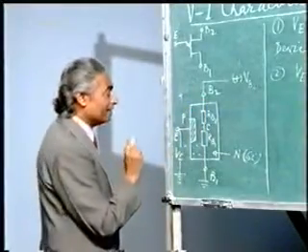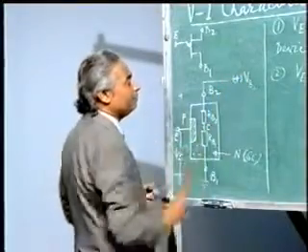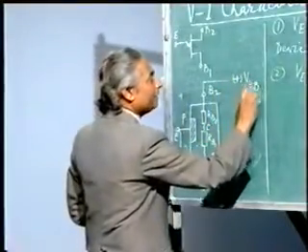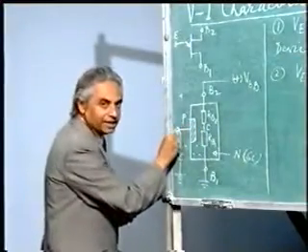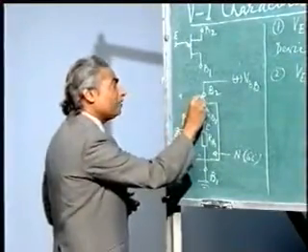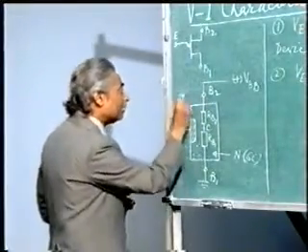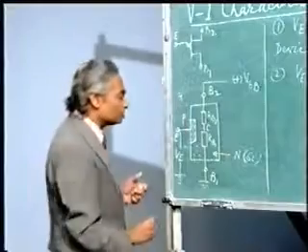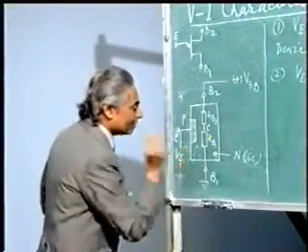What is happening here is, at terminal B2 we have connected plus VBB, and this VBB is more than VC, it is also more than VE. So naturally this terminal will be more positive, and hence these positive charges, positive holes, will not be attracted by B2, but instead they will be attracted by B1.